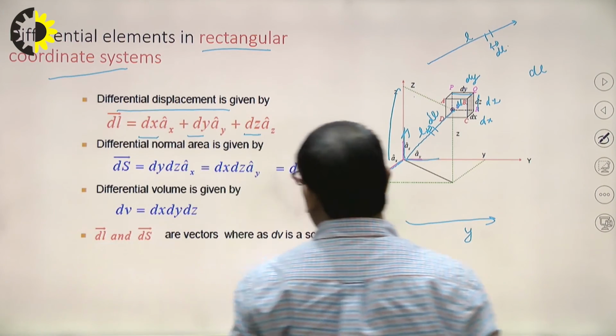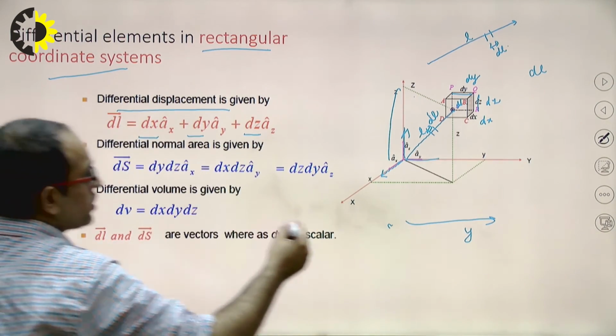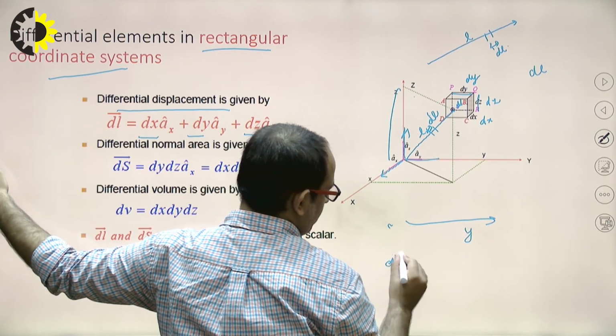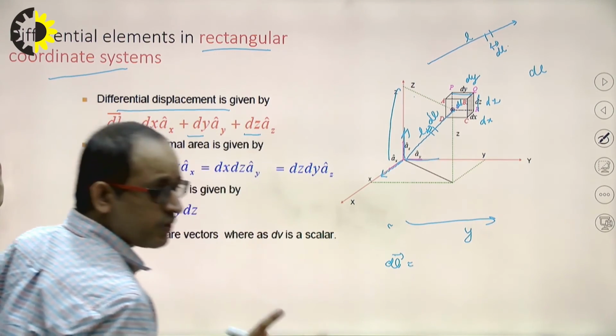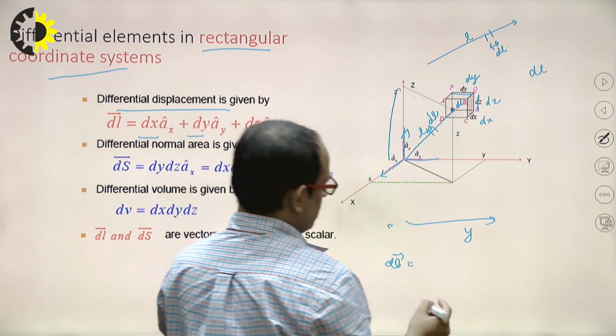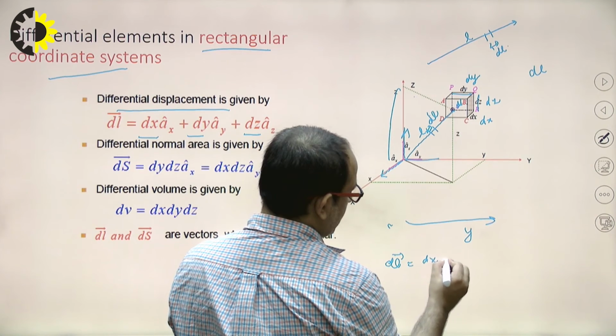How? Now you will see that for differential length, if x is variable and y and z are constant, you will see dx a_x.